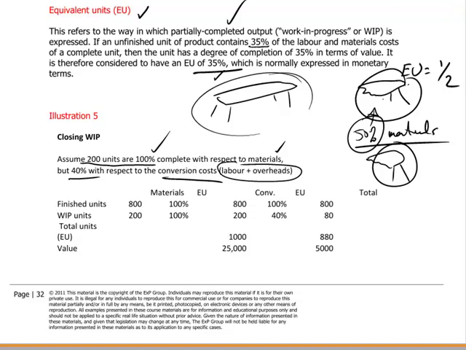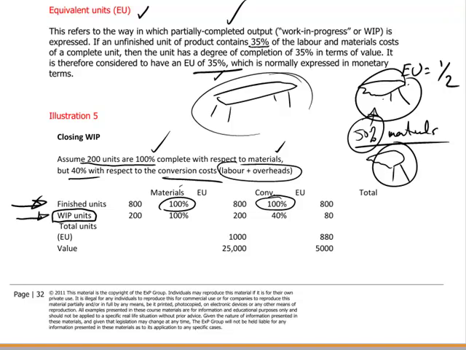Now, by definition, since the 200 units are not completely finished, they count as WIP items. They're work in progress. Any finished units, by definition, are 100% complete with respect to all input costs, whether it's materials or conversion.